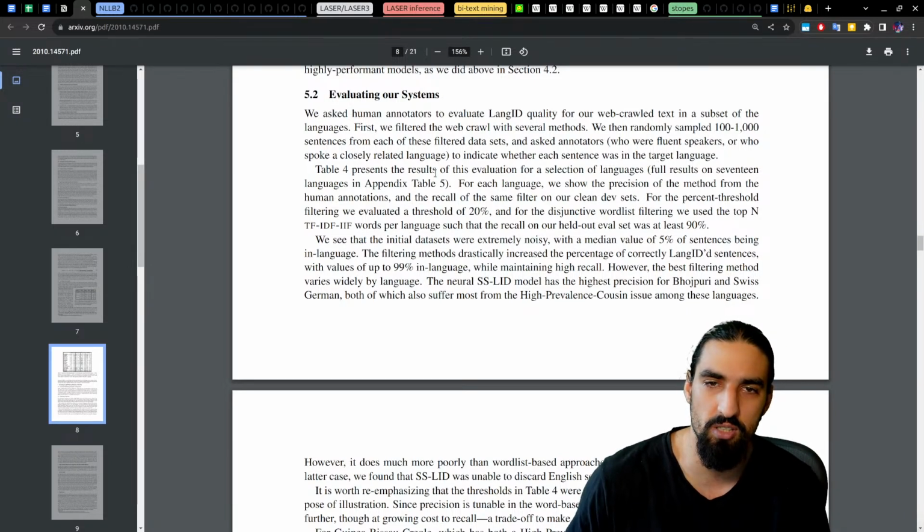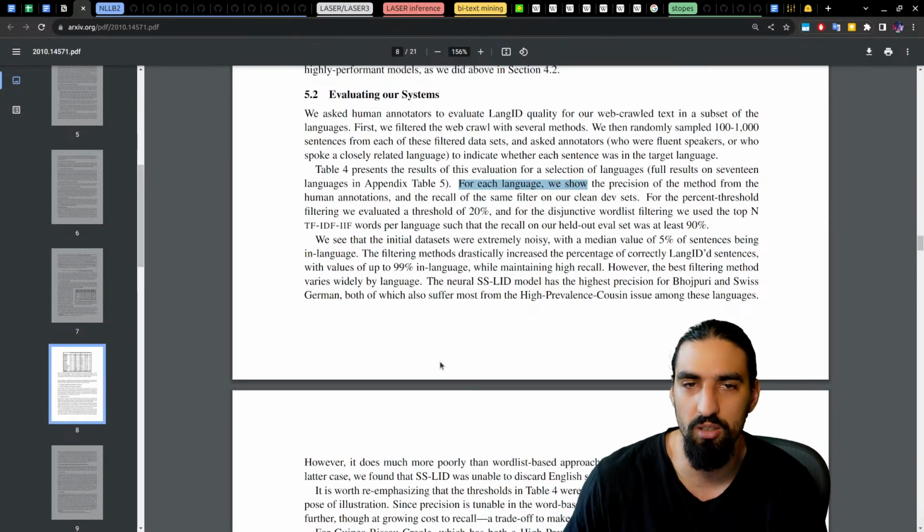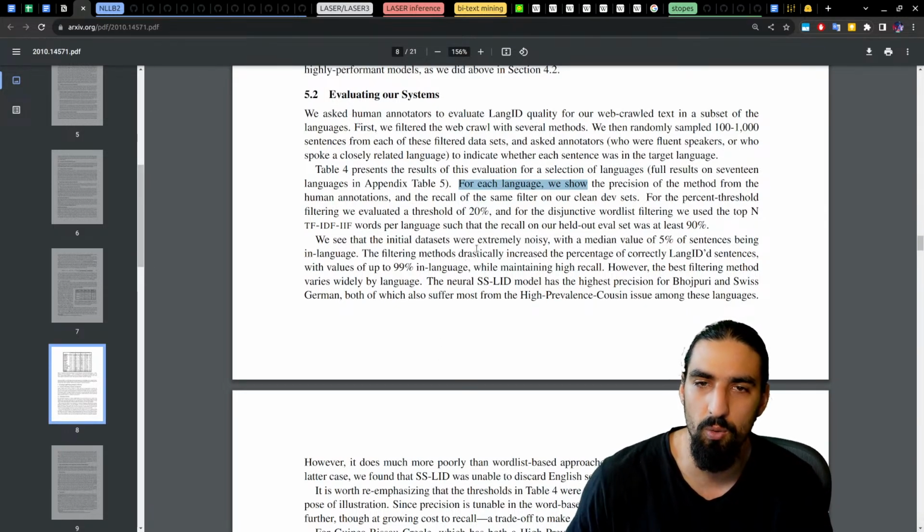Table 4 presents results. For each language, we show the precision of the method from the human annotations and the recall of the same filter on our clean dev sets.